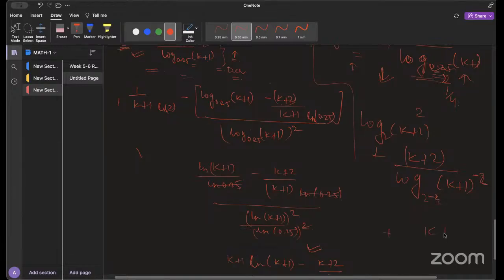It becomes k plus 2. And when you take it here, it becomes 1 minus 1 by 2. So it becomes the reciprocal. So it will become minus 1 by 2 here, k plus 1 here, and minus half here.